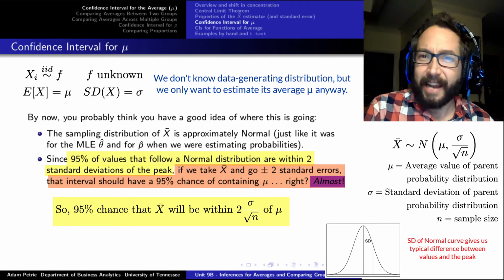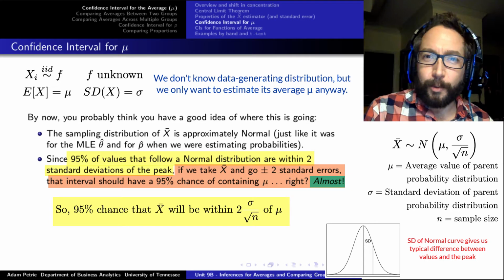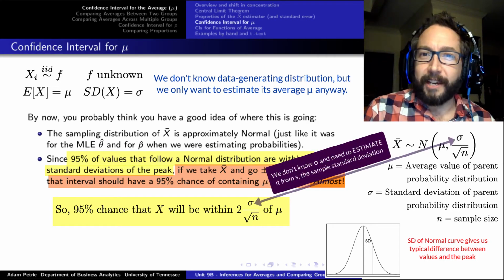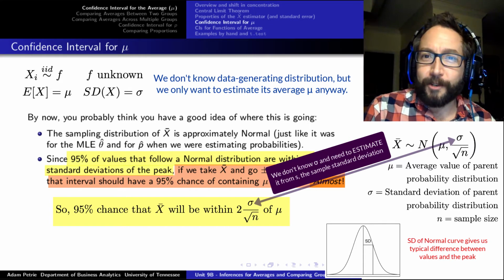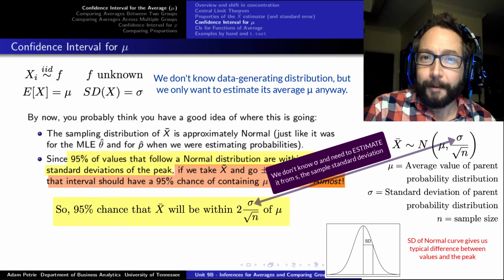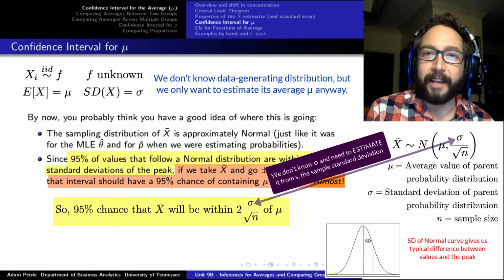And that reasoning sounds pretty good, except there's a twist here. The deal is, I don't know what the standard deviation is of that sampling distribution. It's sigma over the square root of n, sigma being the standard deviation of the probability distribution making the data. I don't know what that is. I also estimate that from the data with just the sample standard deviation.